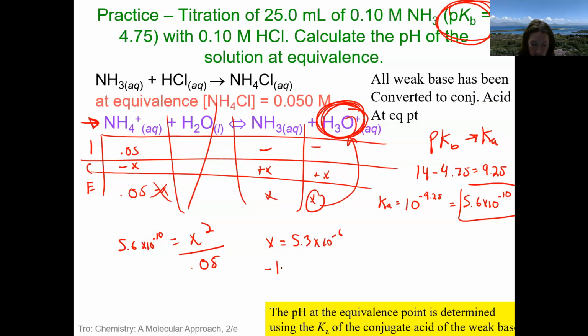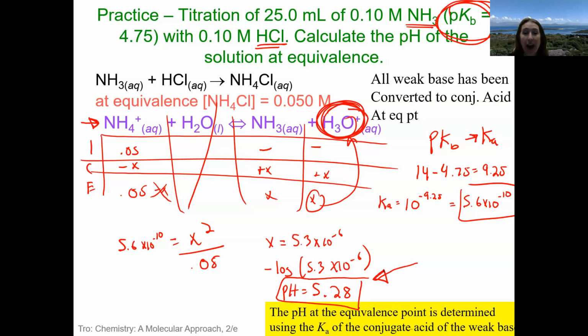So we can just take the negative log of 5.3 times 10 to the negative 6, and I get my pH is equal to 5.28. And I'm at my equivalence point. So I've got a strong acid and a weak base. At the equivalence point, I should have an acidic pH.